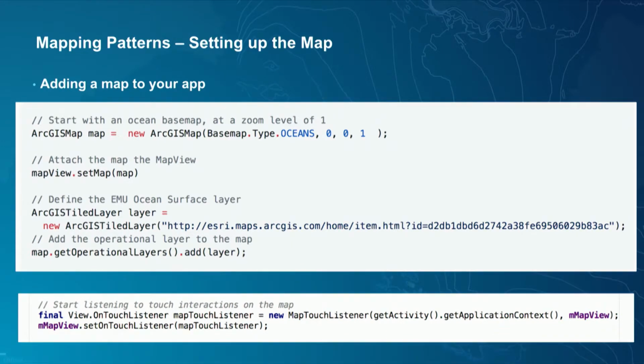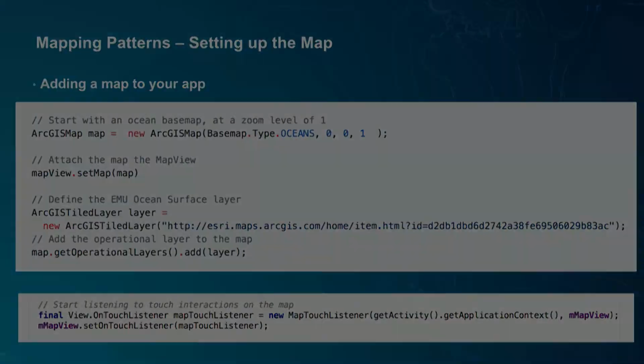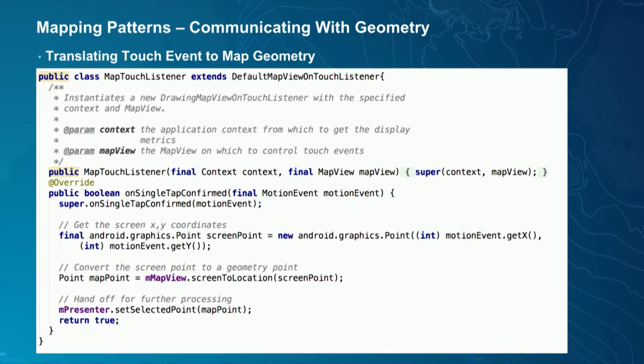And then we need to control how the map responds to touch events. That could be a double tap, a single tap, or a pinch. Right now we're attaching a listener, and the listener in this case extends a default map view listener that comes with the SDK. When someone taps on the map, the coordinates we get back are screen coordinates, not geo coordinates.